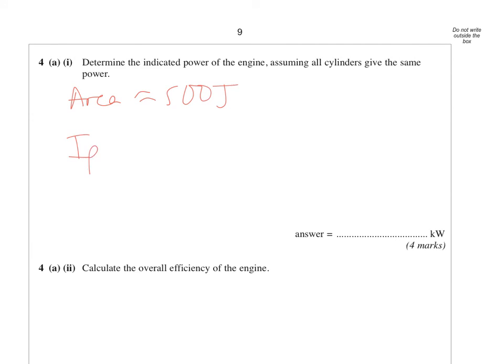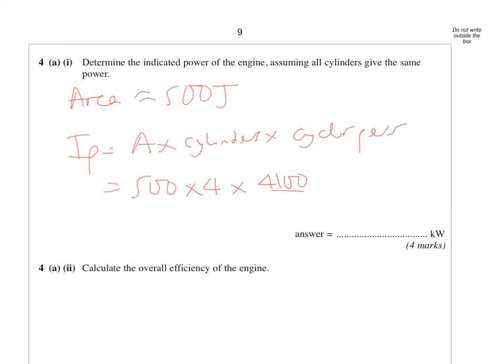So for your next part, the area is approximately 500 joules. So indicated power is area times by cylinders times by cycles per second. So it's 500, multiplied by the number of cylinders, which is 4, times by 4100 RPM divided by 60, which gives you the number of revolutions per second, but it's a 4-stroke, so you multiply by 0.5 because every other stroke is a wasted stroke effectively.